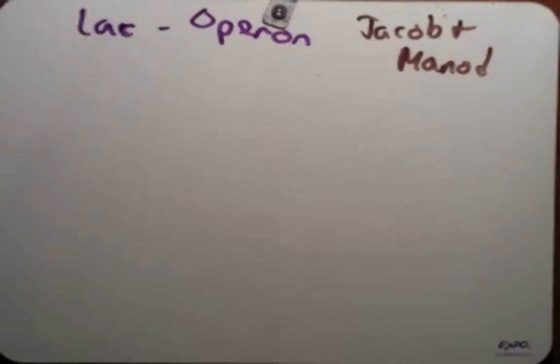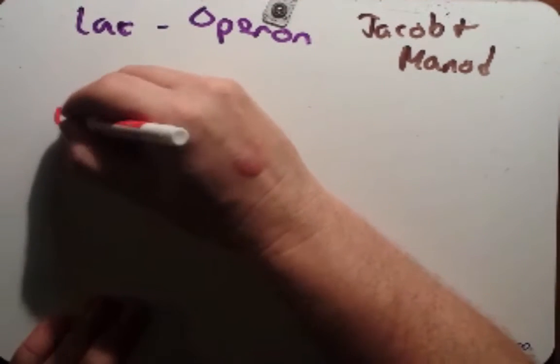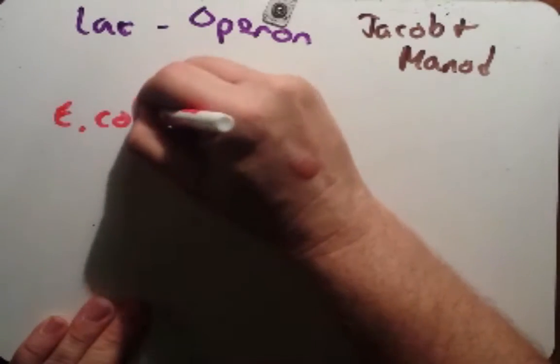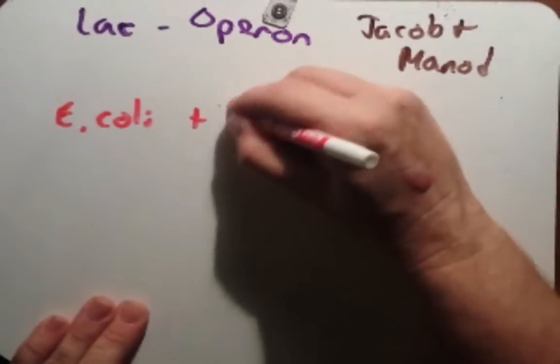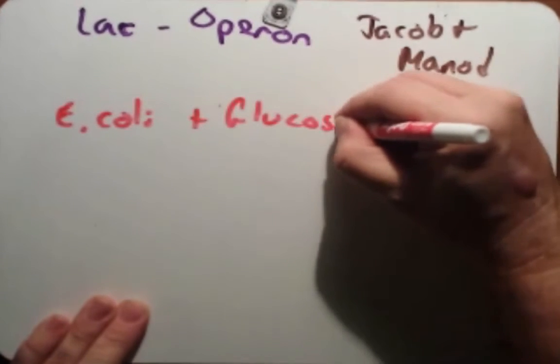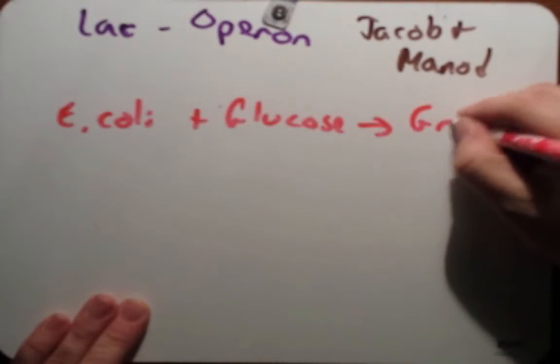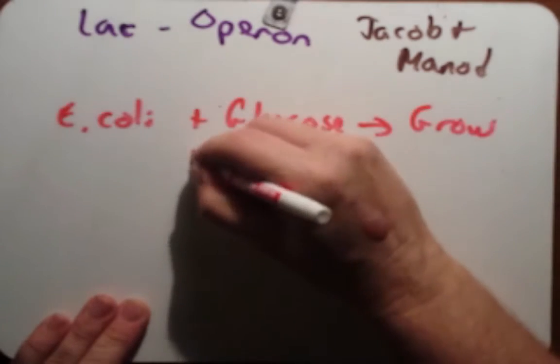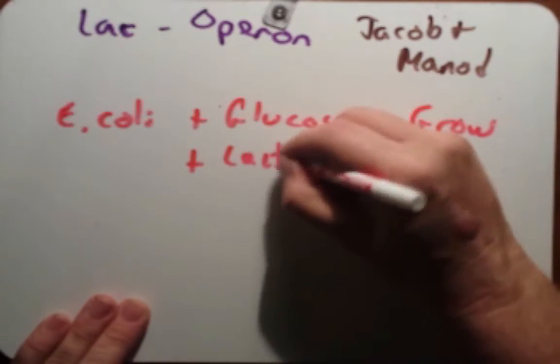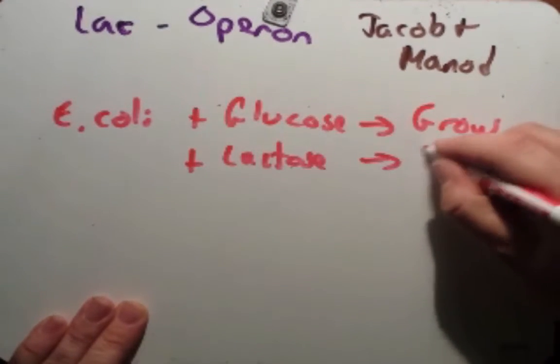And they were interested in how bacteria change their regulation in order to use glucose or lactose or other sugars. They quickly learned that if you give E. coli glucose, they would grow and use that glucose. They also learned if they gave it lactose, it would also grow.